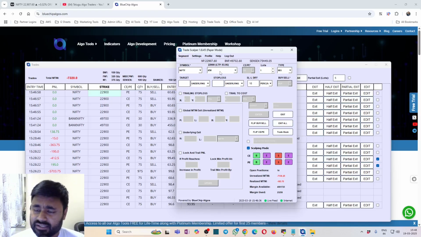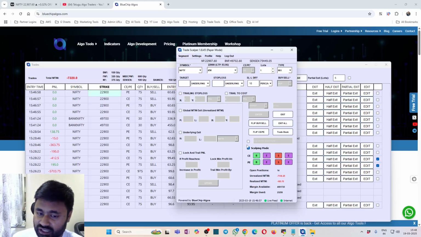But tomorrow, let's say it came to 50, because it's coming close to expiry, then you need to take two lots. And if it comes to 10, then you have to calculate your number of lots every time. You want the capital invested in each trade to be the same, but the quantity needs to be calculated manually.